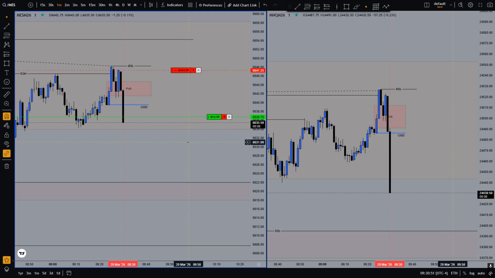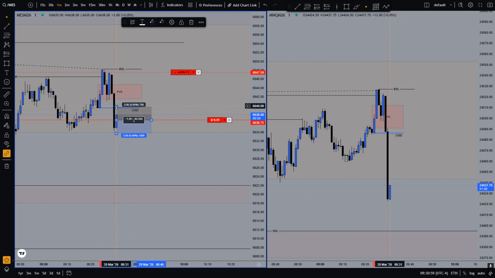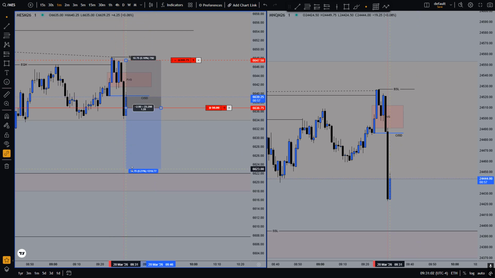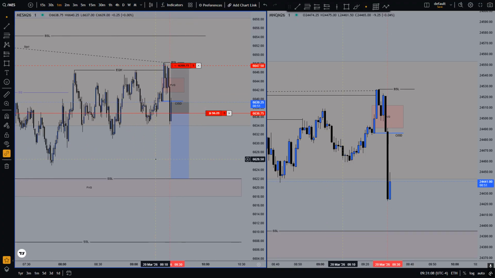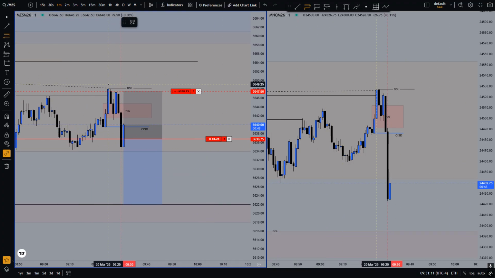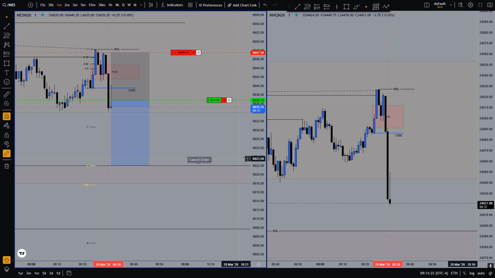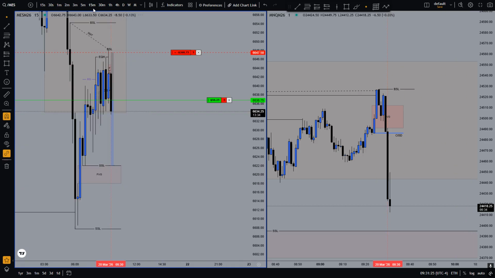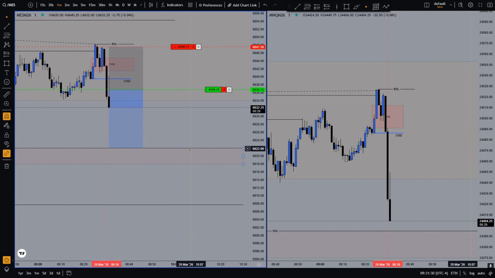Take a stab lower here. Stops are at the high. Probably look to take majority off here and just leave one runner.